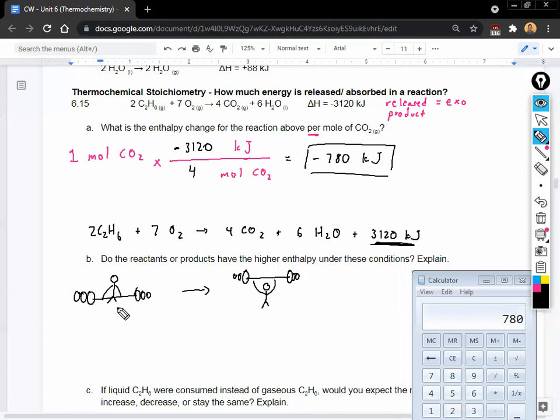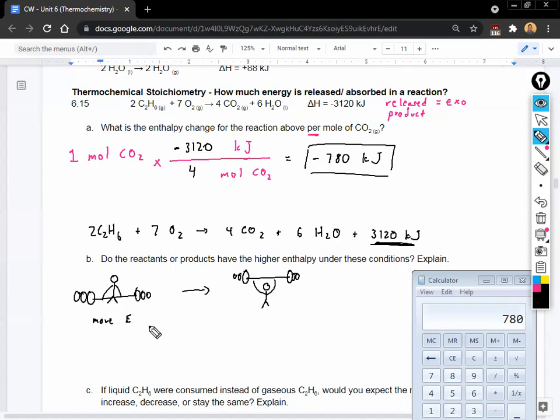So just think, let's say my body is the system. Do I have more energy before I lifted the weight inside my body, or do I have more energy after? I have more energy before, right? Because before the lift, I'm ready to go. I have calories in my body to fuel it, so I have more energy inside my body.